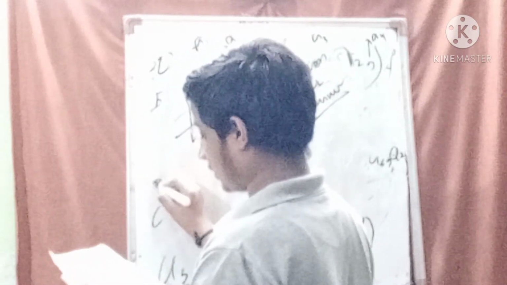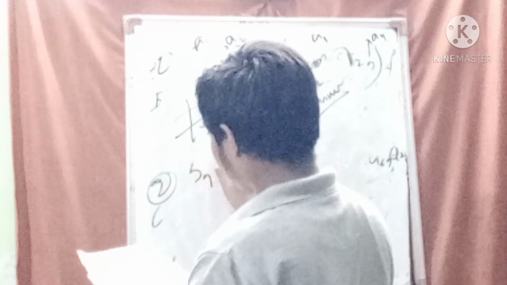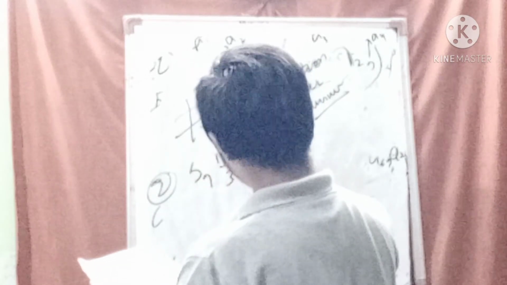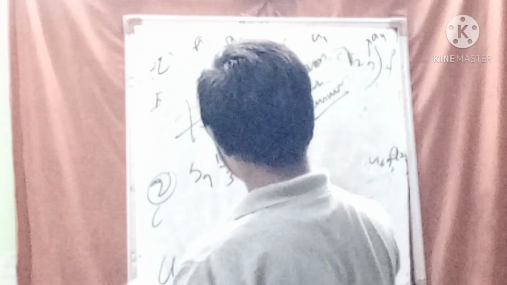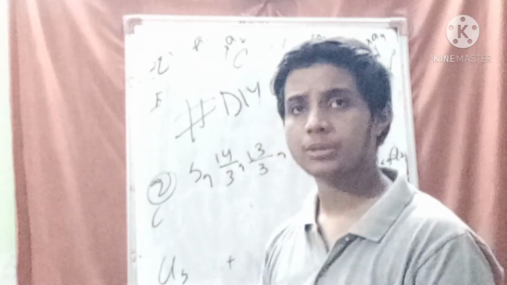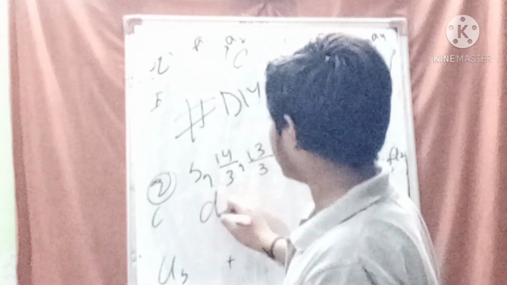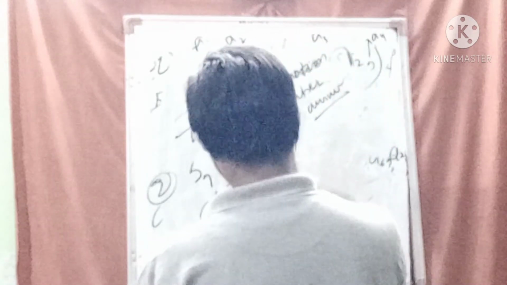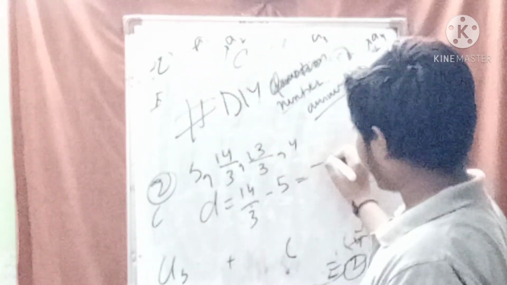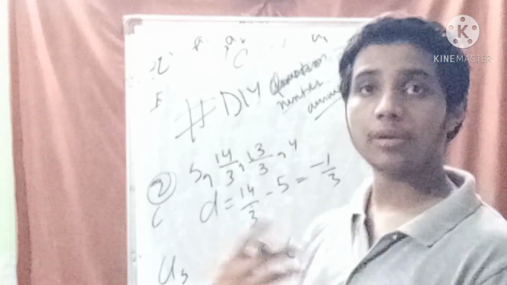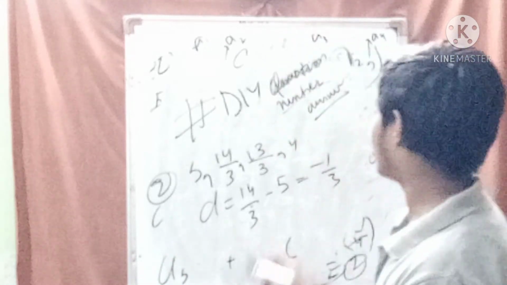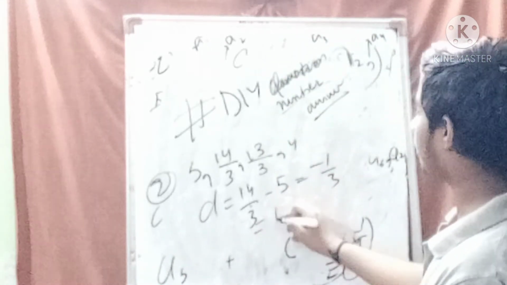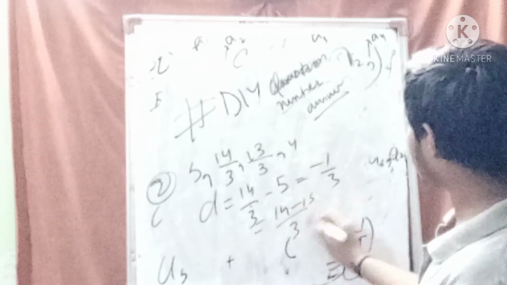Don't worry, I will give you a hard copy of this page that I have in my hands. So, the next question is 5, 14 by 3, 13 by 3 and 4. These are the 4 terms. So, let's calculate D. D is equal to 14 by 3 minus 5. That is minus 1 by 3. I calculated it: 3 times 5 is 15, 14 minus 15 by 3, that is minus 1 by 3.